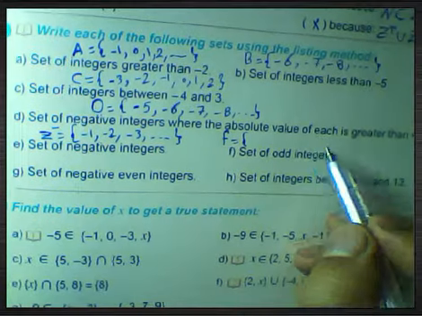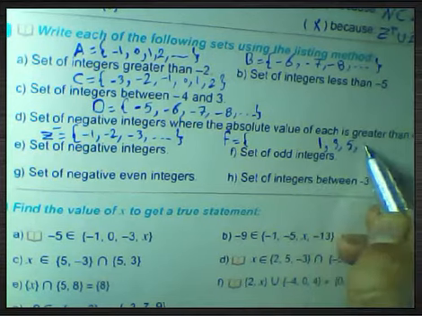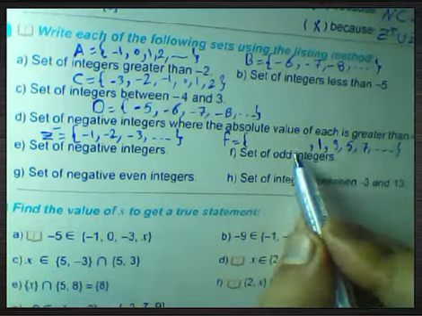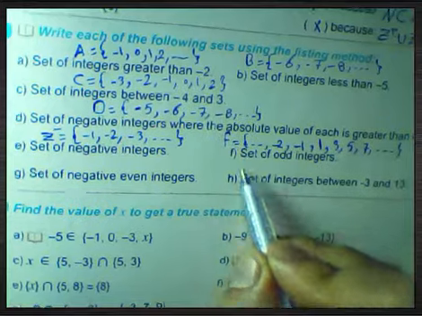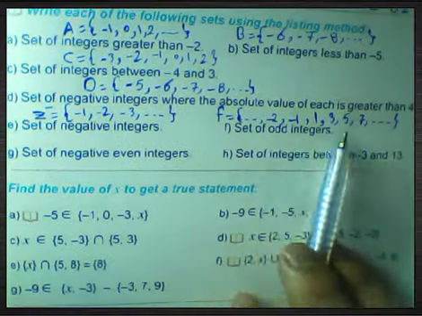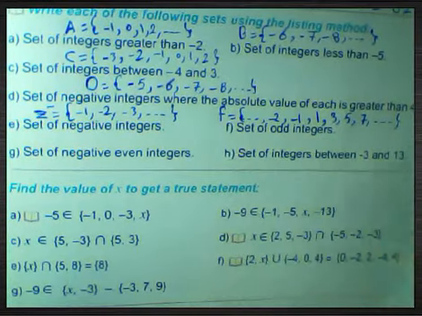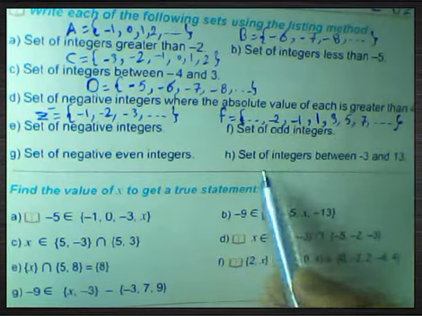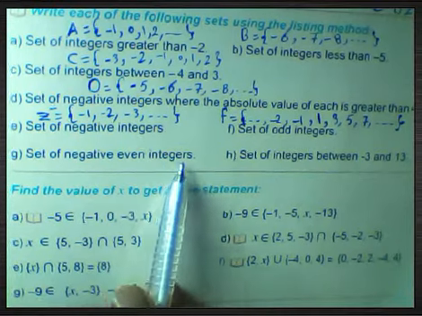We can write about negative and positive ones: 1, 3, 5, 7, and so on, and here -1, -2, -3, and so on. So we have a lot of odd integers. We have an infinite set.